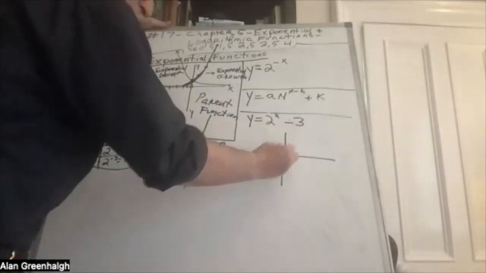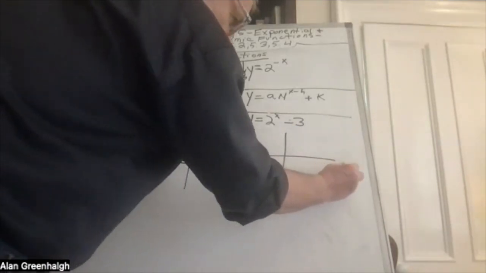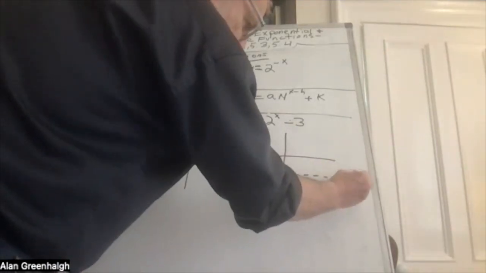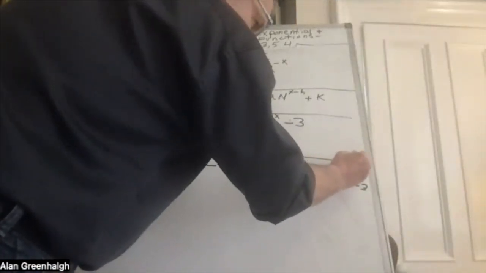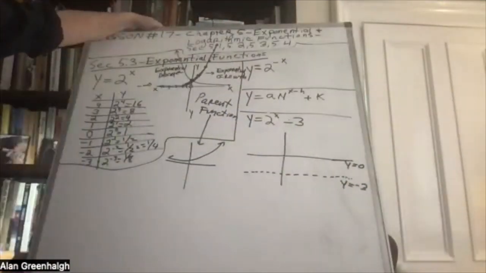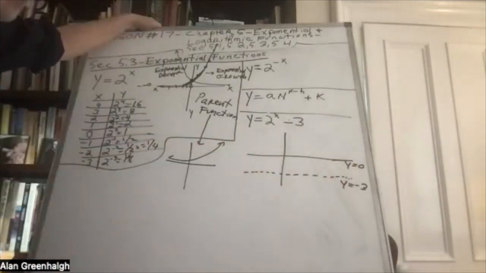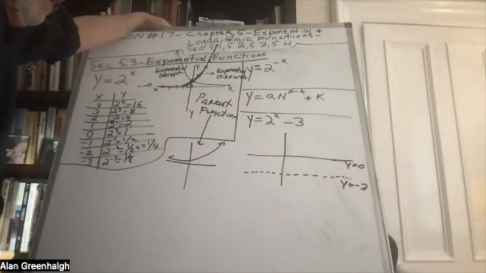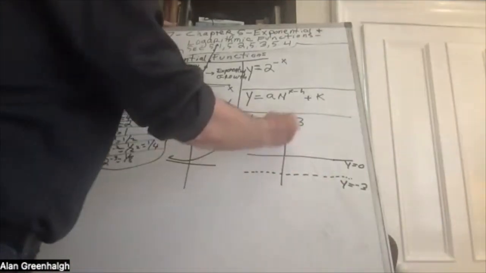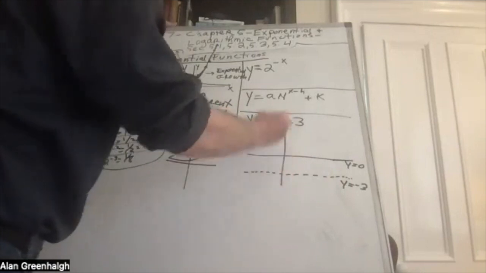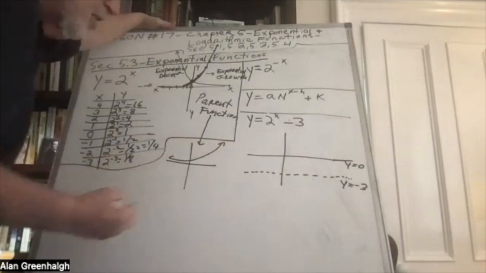So this would be down here at -3. y equals -3 becomes the new x-axis. Usually the x-axis is y equals 0. We're saying that the new x-axis is going to be down there. And the x equals 0 stays the same. Okay, that's the y-axis.